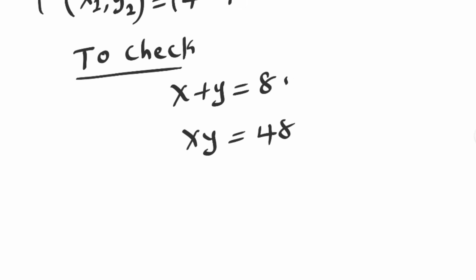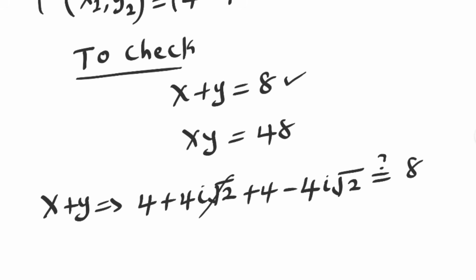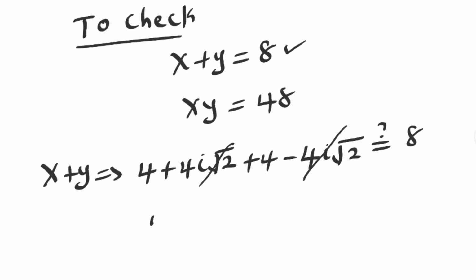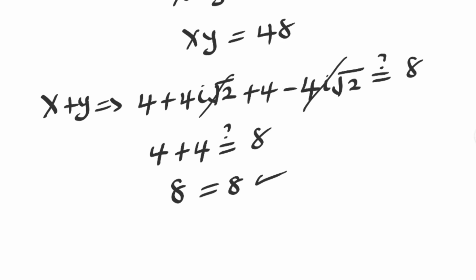Now let us consider this. x plus y, this is 4 plus 4i root 2 plus 4 minus 4i root 2, must be equal to 8. This cancels this. 4 plus 4 must be equal to 8. 4 plus 4, this is 8, is equal to 8, which is true.